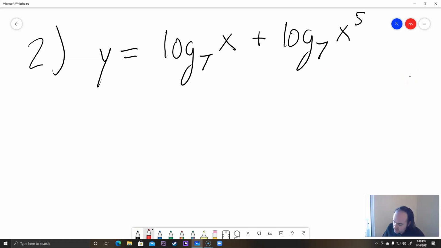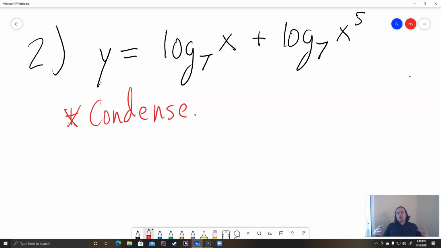Okay, so I'm going to go ahead and condense these because they have the same base at the beginning. When I say condense, I mean we're using what's usually called the product rule. If you're adding outside the logarithm, that's the same as multiplying inside the logarithm.